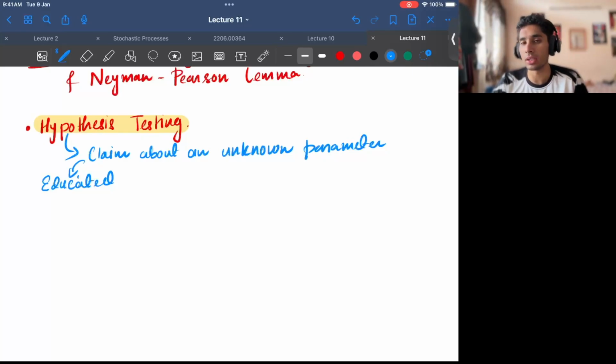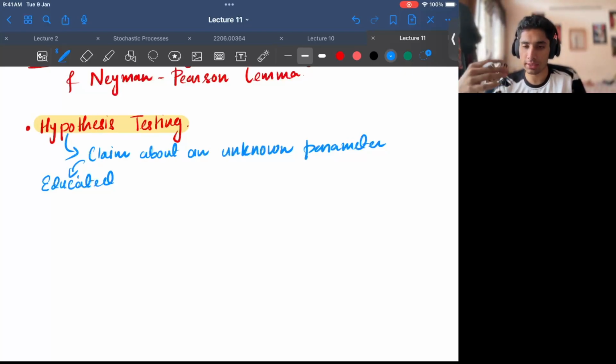Even in machine learning, you keep seeing a lot of hypotheses. For example, if your AI model is not working properly or is giving some random values, you hypothesize why it is not working. These are all educated guesses or educated claims on something which we don't know. So that is what a hypothesis is.